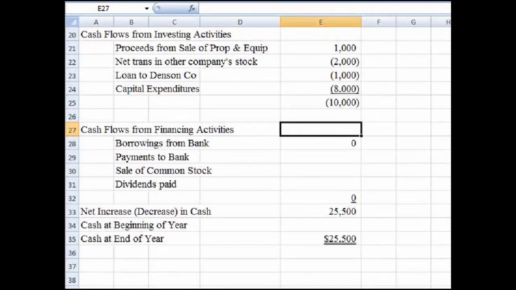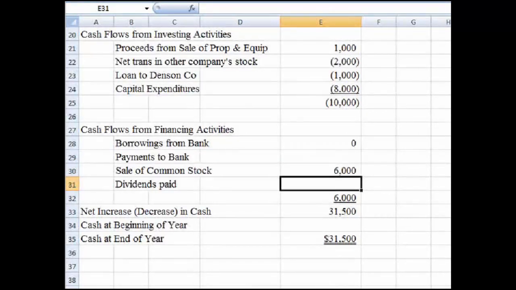Once again, going down the list in the book, looking for entries into the financing activities section, the first item with an F next to it is sold Jane Avery Company stock for cash of $6,000. On the form on the screen, $6,000 is entered next to sale of common stock.